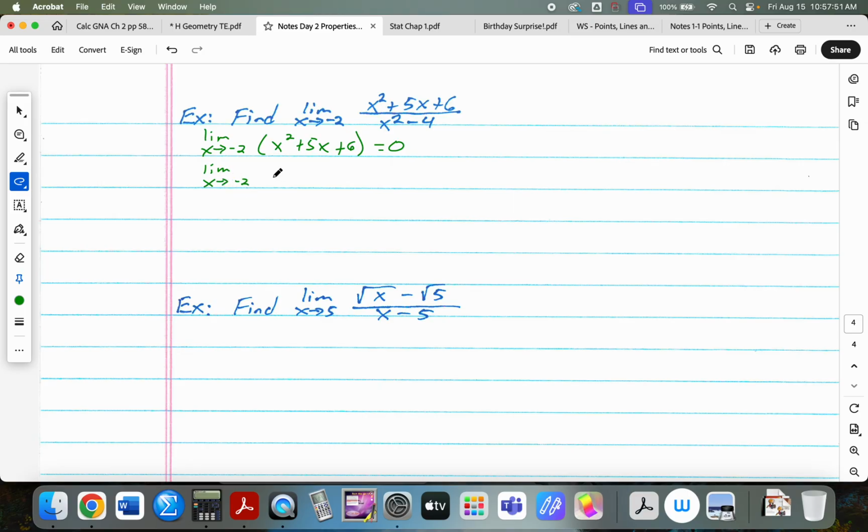But for the denominator, when I substitute into that polynomial, I also get 0. 0 over 0 is called an indeterminate form.